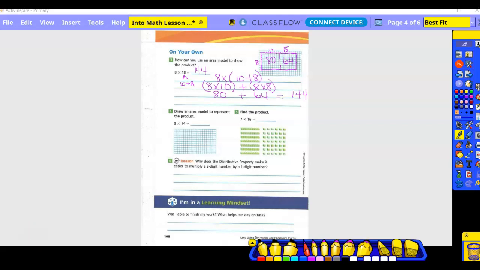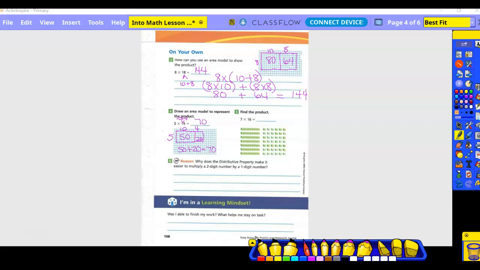So we went ahead and wrote down our equation and we did the distributive property of 8 times parentheses 10 plus 8. We said 8 times 10 would be our first box, and then 8 times 8 would be our second box, and 8 times 10 was 80, and then 8 times 8 was 64, and 80 plus 64 equals 144.